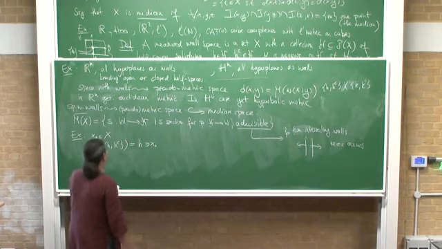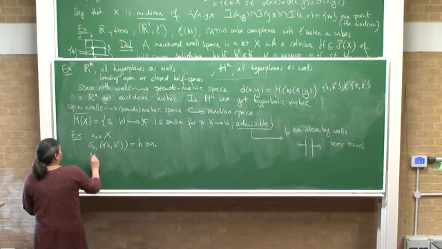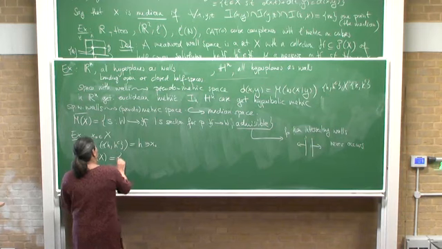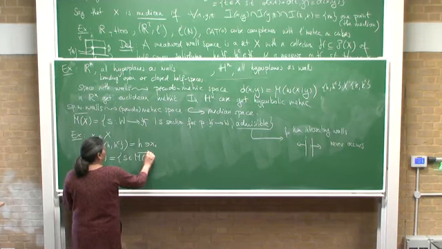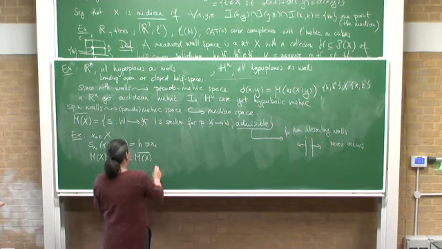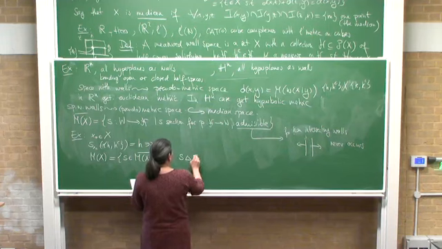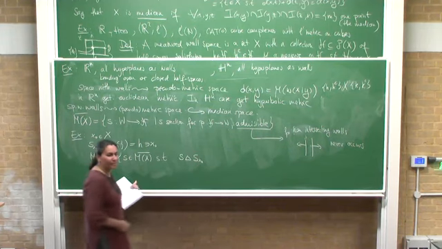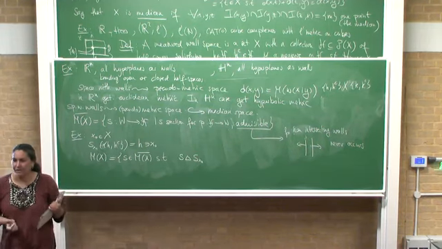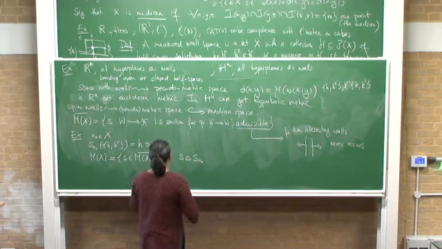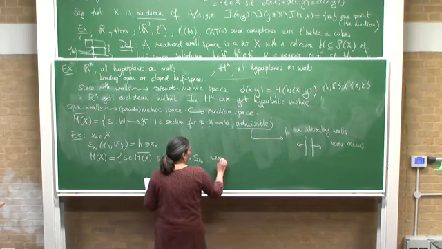Then M of x is the set of elements in M bar of x such that the symmetric difference to this special type of section is measurable of finite measure.